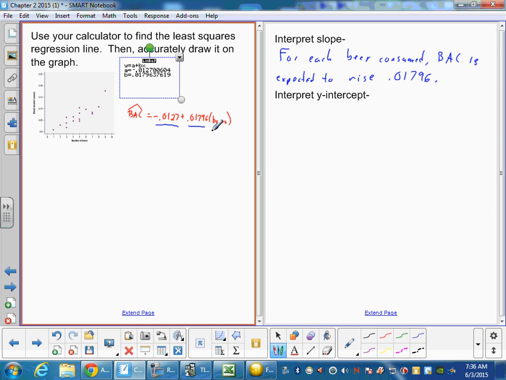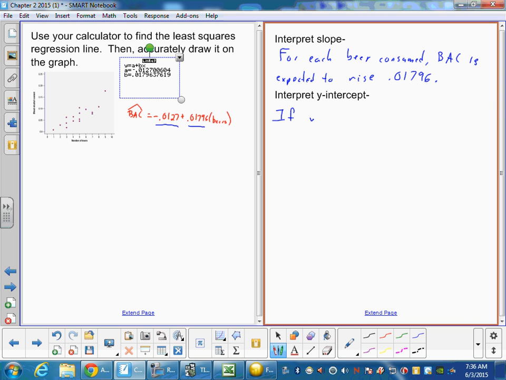Now our y-intercept is over here. What that means is if we have 0 beers, our blood alcohol content would be negative. Now that doesn't make any sense, but we'll write it anyway. If we have 0 beers, we would predict our blood alcohol content to be negative 0.0127.